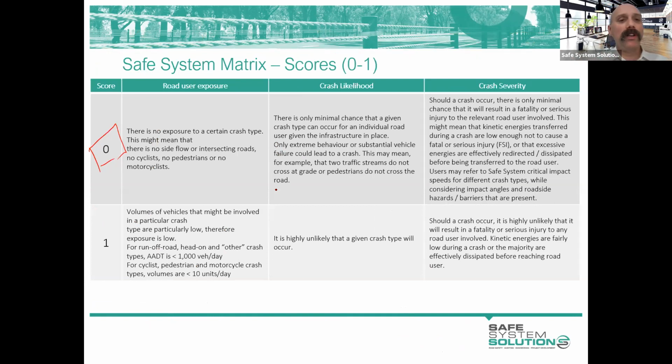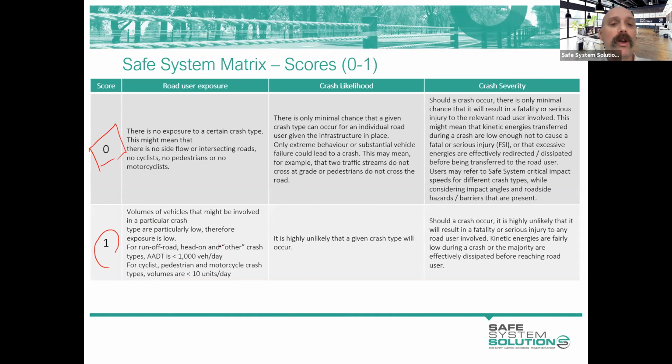But the quantification and getting you to these scores, let's start with 1. We'll come back to 0. So 1, exposure. The volume of vehicles that might be involved in a particular crash type, so they're your columns, is particularly low. Therefore, the exposure is low.